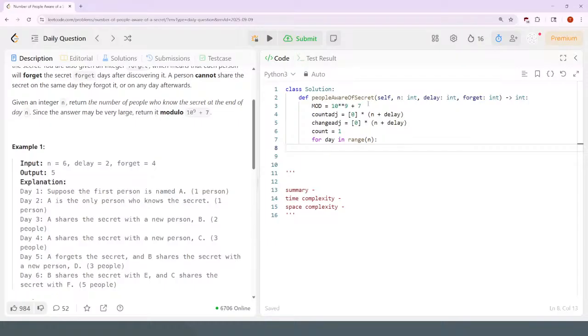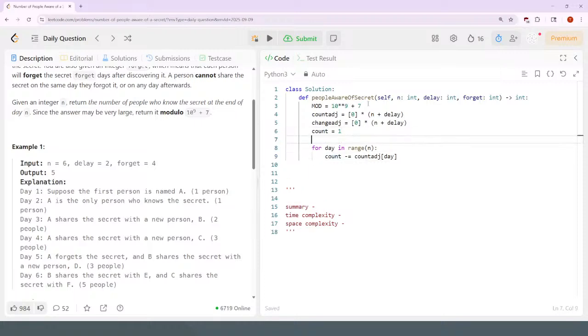So I'll say the count minus equals however much you need to adjust for that day, for people who've forgotten. And then I also probably need a delta. This is a velocity change in the number, a different term for velocity. It's the derivative.